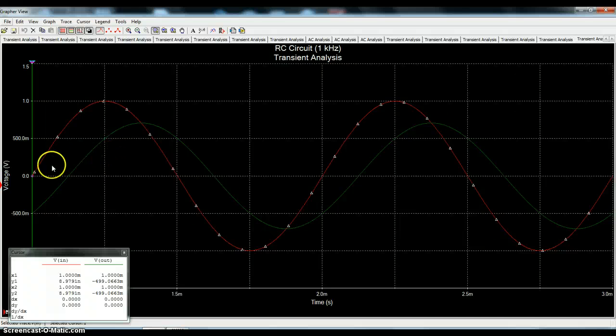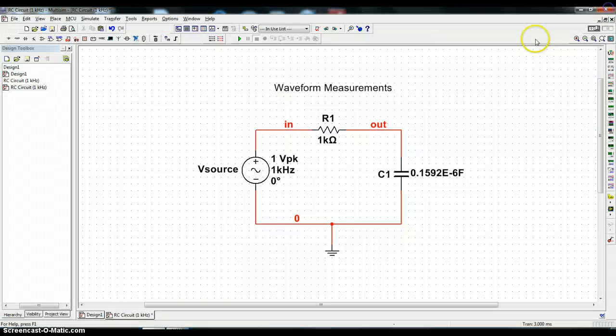Now, we can make measurements on the signal as it is, but we can get even better measurements if we change the scale so we only have 1 cycle, and then perhaps even a half cycle would do even better. But let's just go back and click on the transient again. I guess I need to get out of here first and then go back to transient.